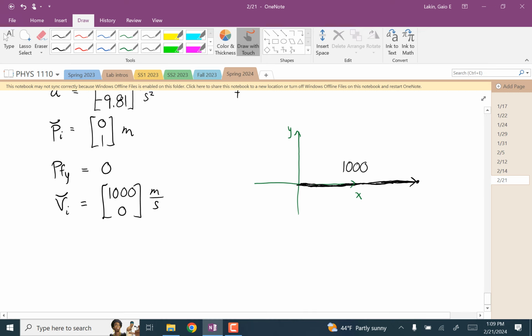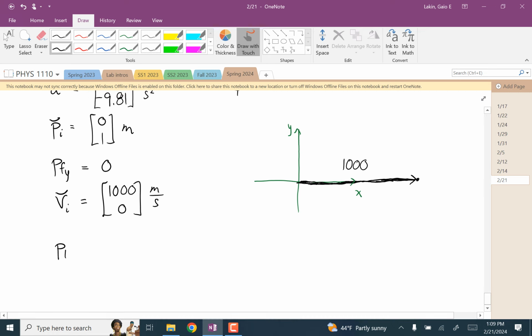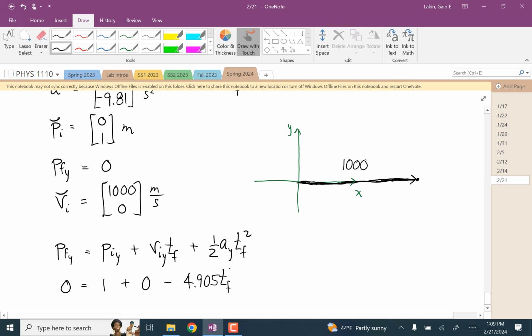So what equation is going to work? We can use PFy is equal to PIy plus VIy TF plus 1/2 Ay TF squared. So 0 is equal to 1 plus 0 minus 4.905 TF squared.